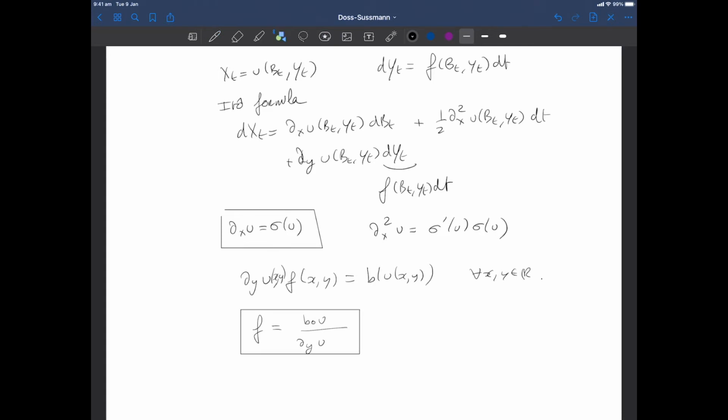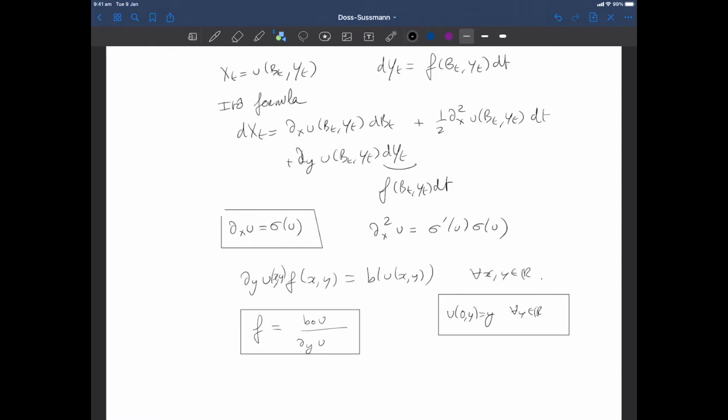Now there's a few things that you need to verify. You need to verify that ∂y u is never 0, and that's not too difficult to do. You start from this PDE, you find out that this has to be an exponential of something. We're going to need to impose some initial condition on this equation, and one that is quite convenient is to assume that u of 0, y is equal to y for all y in R. And that's natural because it tells you that if you had no noise, then your SDE would be purely the ODE for y.